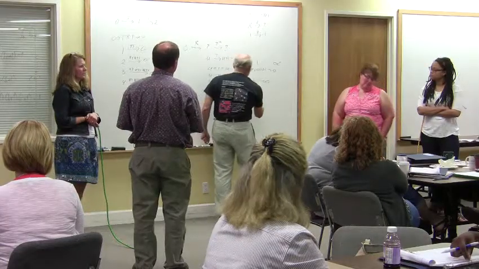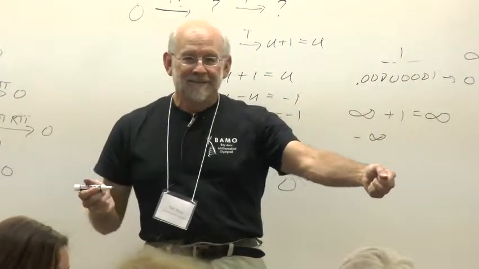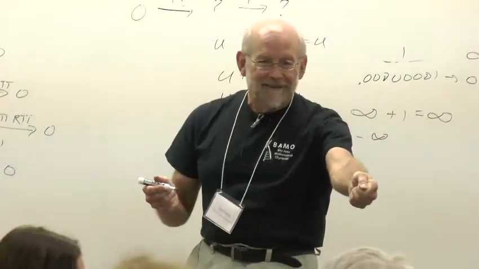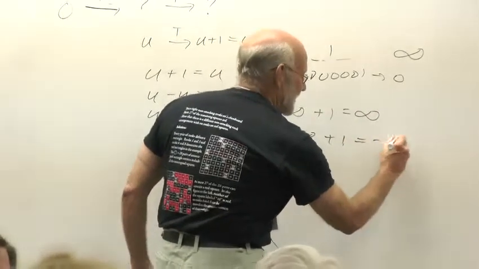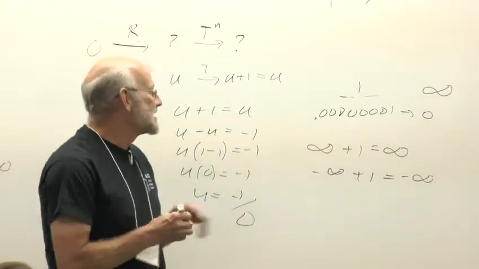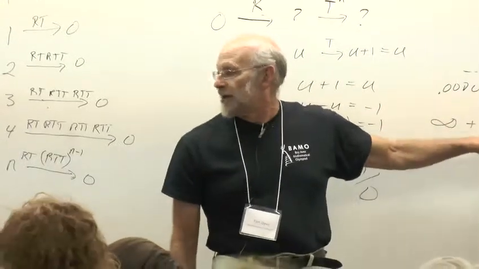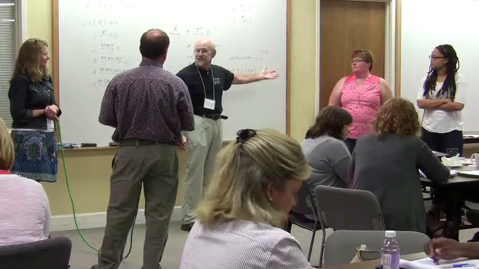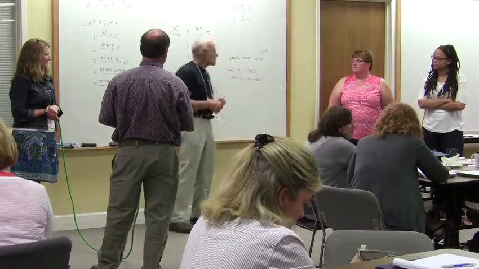Oh, negative infinity, right? If you owe an infinite amount of money and you pay back $1, you pay back $1, you're still in the same situation, right? And if you own an infinite amount of money and you earn $1 more, it doesn't really change your situation, right? So infinity is a nice way to think about it.